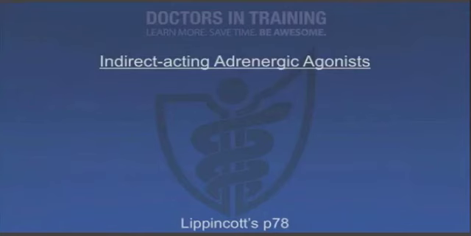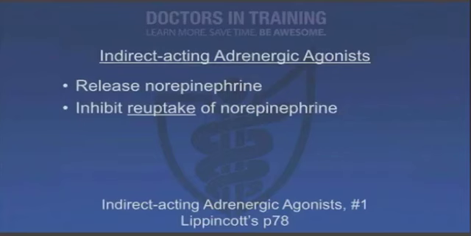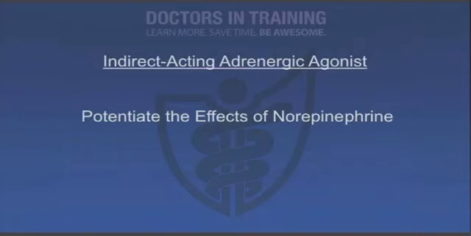Let's switch gears and talk about the indirect acting adrenergic agonists now. Indirect acting adrenergic agonists are going to cause norepinephrine release from the presynaptic terminal, or they're going to inhibit the reuptake of norepinephrine. So basically, what they're going to do is they're going to potentiate the effects of norepinephrine.